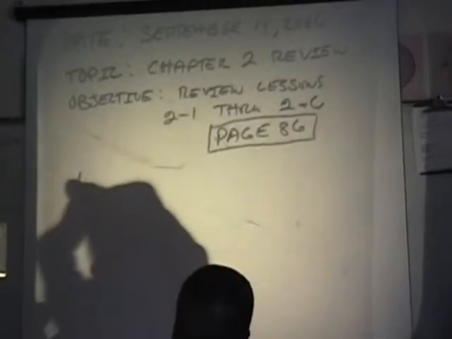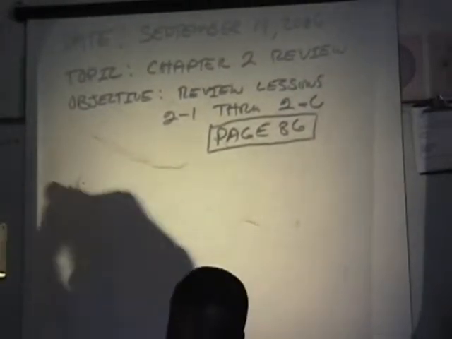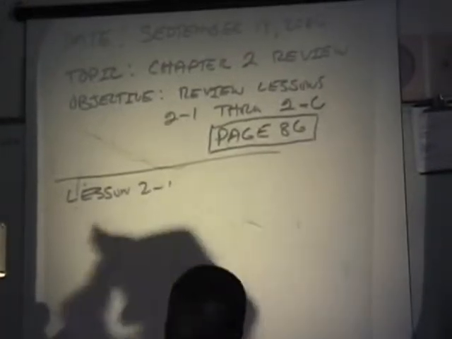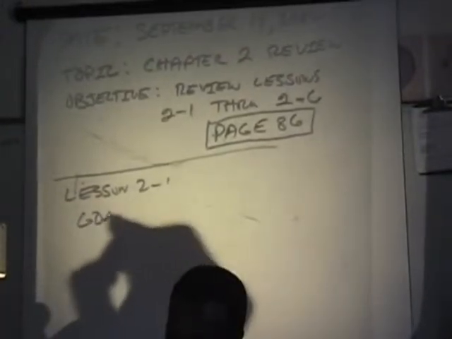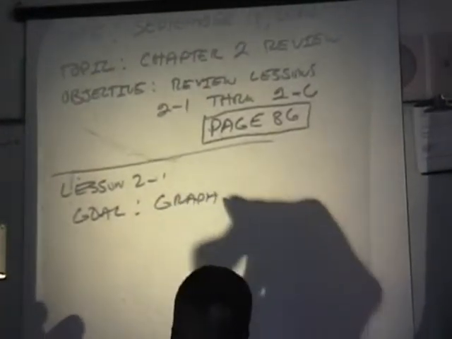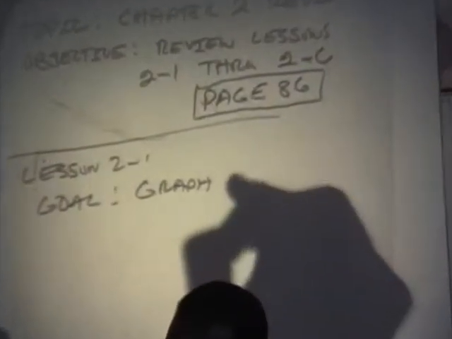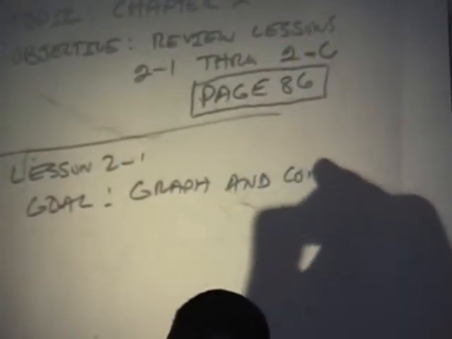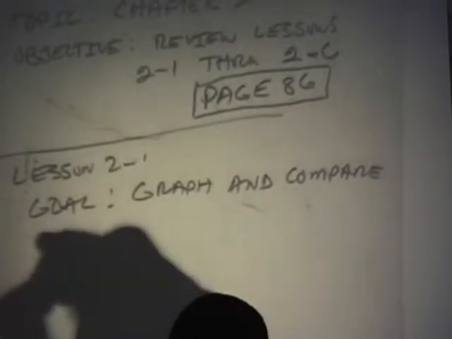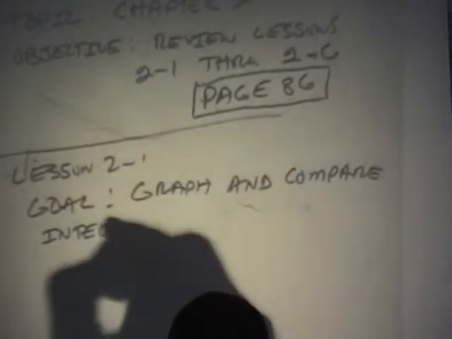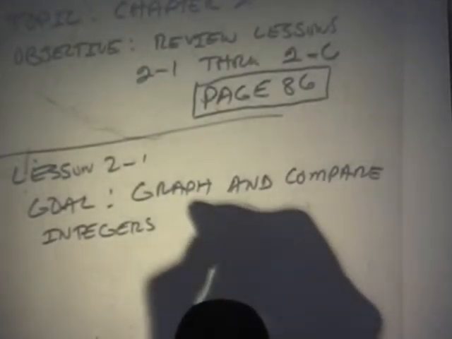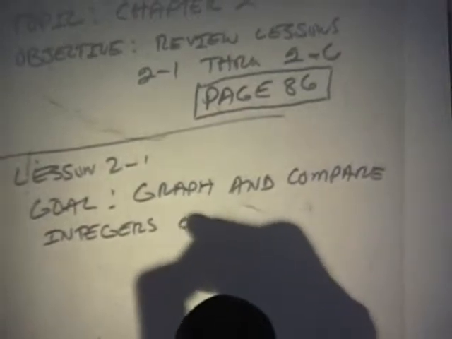Our objective for lesson 2-1, our goal, was to graph and compare integers on a number line.